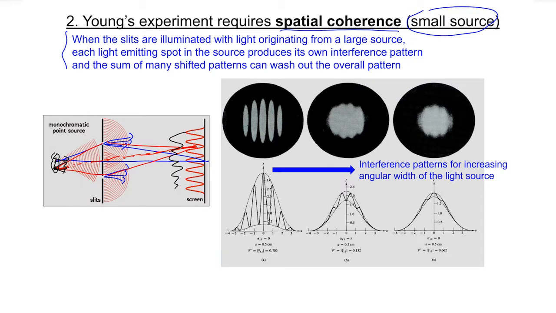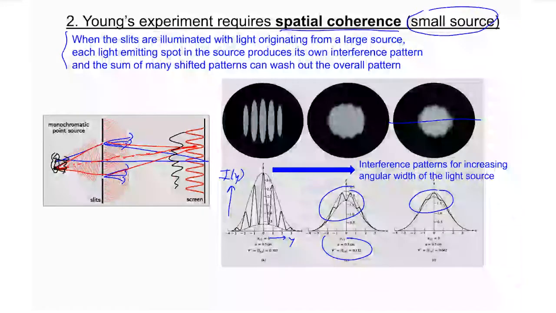And then if you add them and look at the overall intensity as a function of transverse position, you'll notice that the bigger your source gets, the more blurry the interference pattern gets, up to a point where you don't see the interference at all. So you need sufficient spatial coherence, you need a sufficiently small source to really observe the interference.